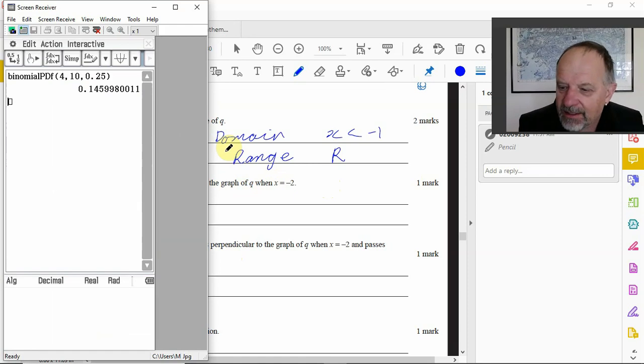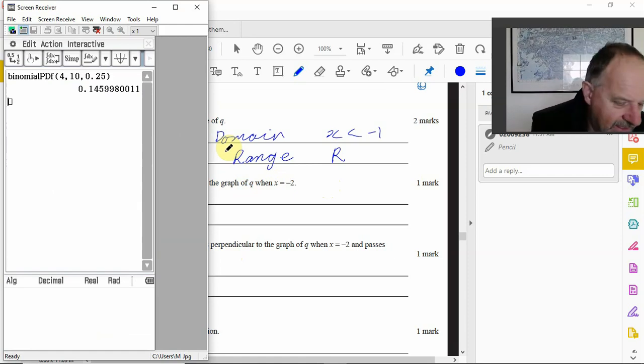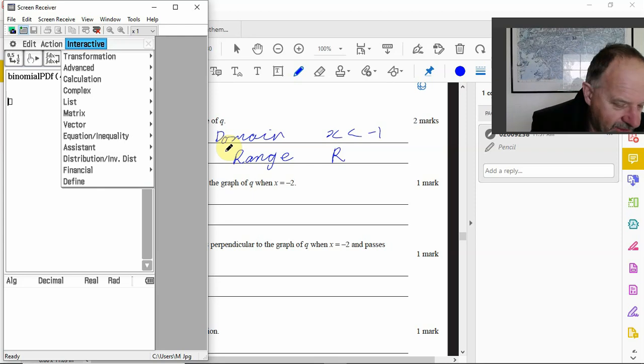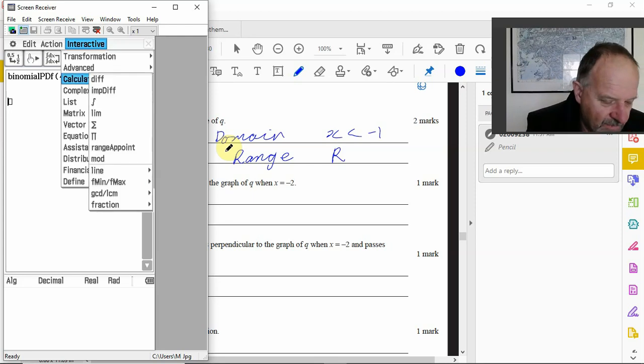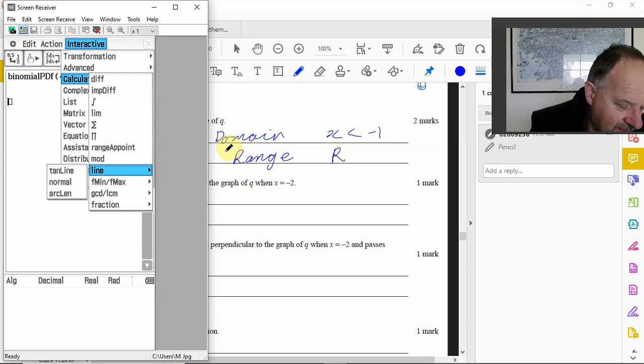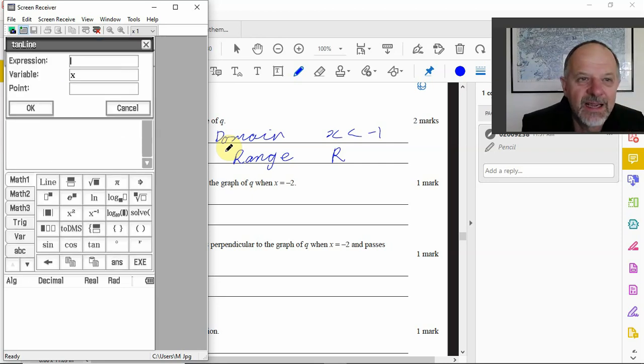Our calculator has a way we can work out tangent lines and also normal lines. If we go to the interactive, and calculation, we're going to calculate some sort of line, and we're going to do a tan line.